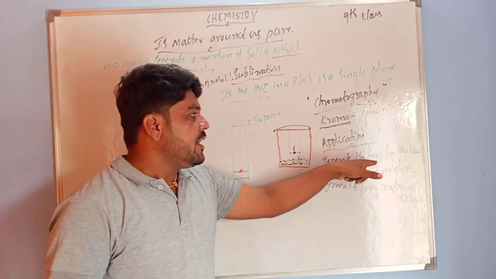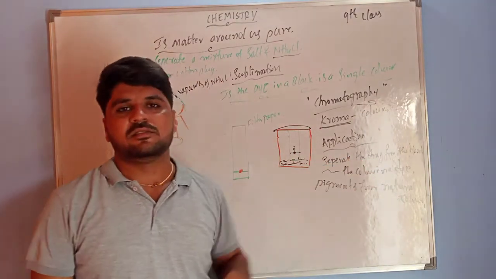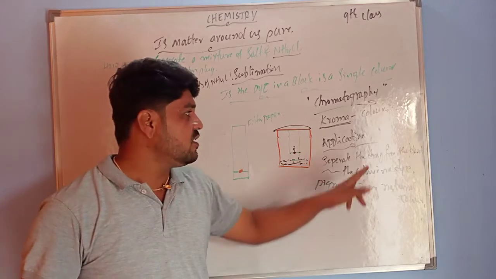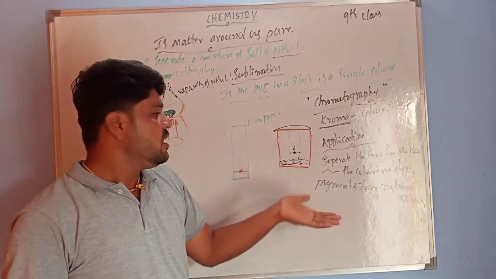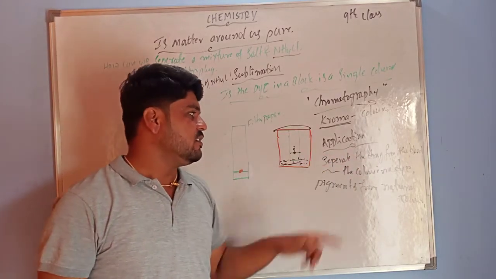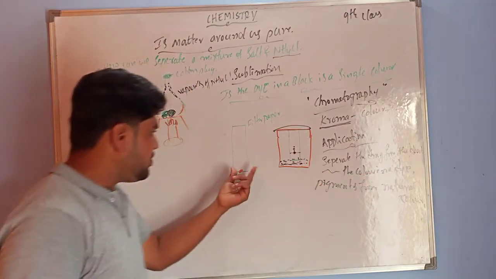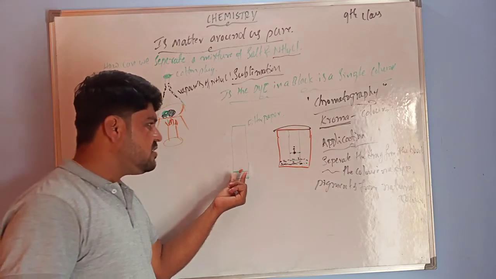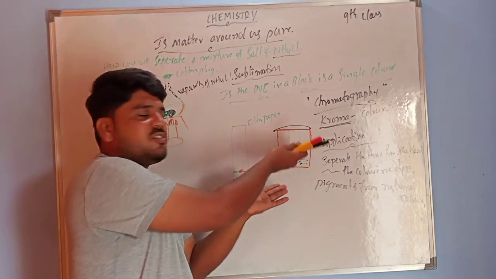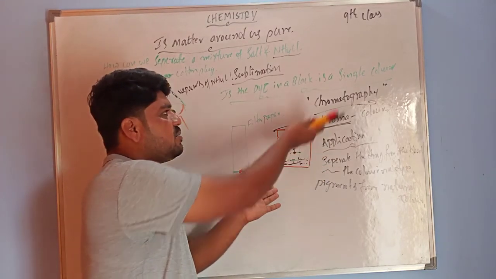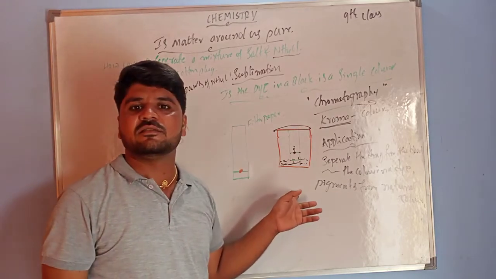If some people are taking drugs, at the time of removing the drugs we can use such techniques. It can separate the colors in a dye, and from the dye we can easily separate out the colors by using chromatographic techniques.